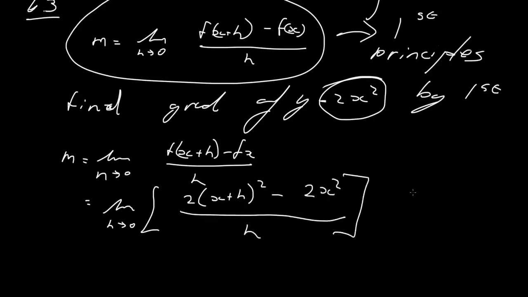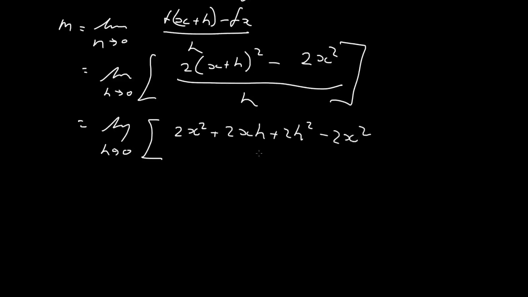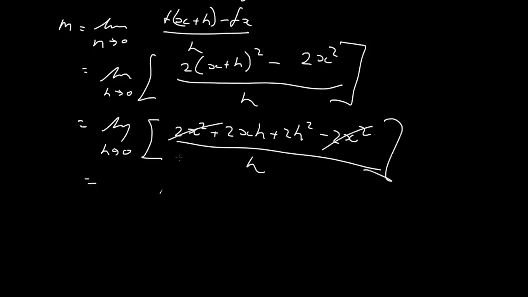Now I can tell you when you're differentiating by first principles, you always need to multiply out this bracket. Okay, so this is equal to the limit as h tends to 0 of 2x squared plus 2xh plus 2h squared minus 2x squared over h. Minus 2x squared plus 2x squared cancels. And can you see we can take out a common factor of h here?